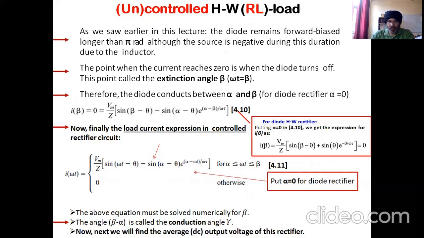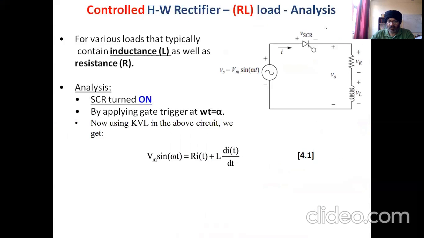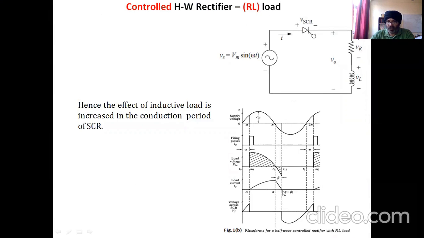So it means this mathematical expression is this one. It starts from alpha. At alpha it was 0. At beta also it is 0. So from alpha to beta only the current flows.